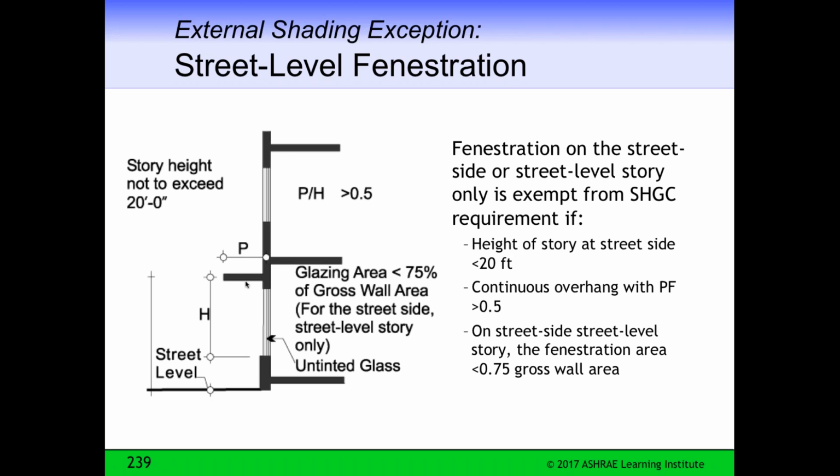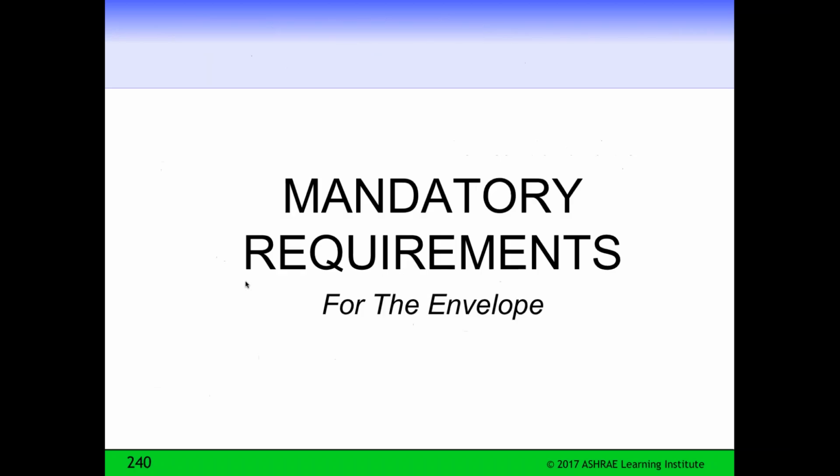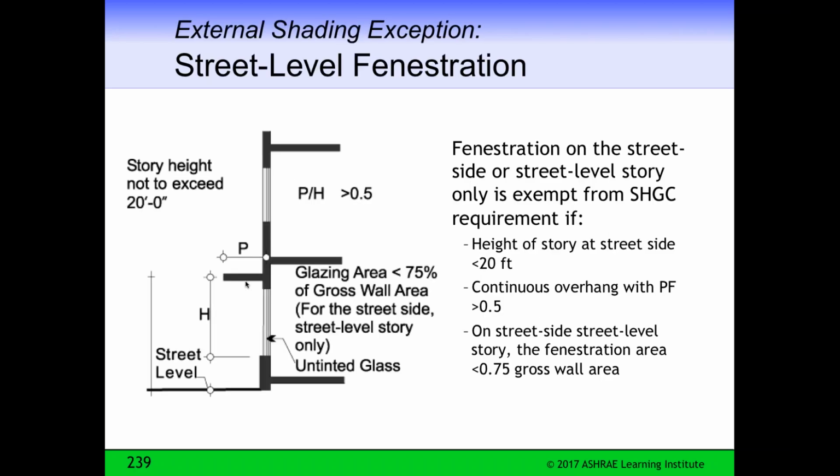And on the street side, the street level story, the fenestration area is less than 0.75 of the total gross wall area. If those conditions are met, there is no requirement for SHGC, which means you can use clear glass and maximize the benefit of showing goods and apparel inside of the glass.